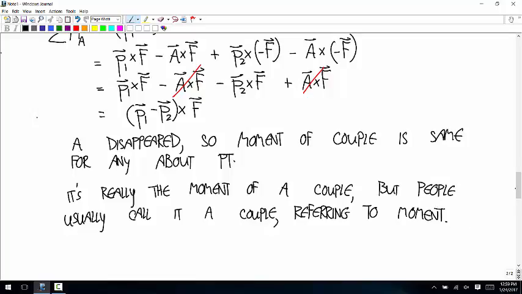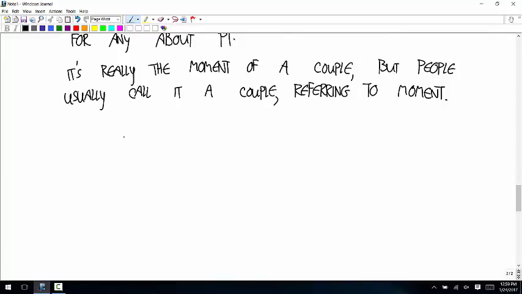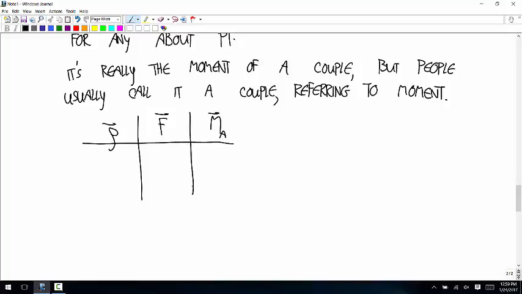And when you're organizing it in a table, where you have a column for row and a column for F and a column for the moment, when you're dealing with a couple, let's say that we have a couple that we're calling MR, like reaction moment. The row vector and the force vector don't have any meaning. They don't tell us anything. And then we just put the MR in here.